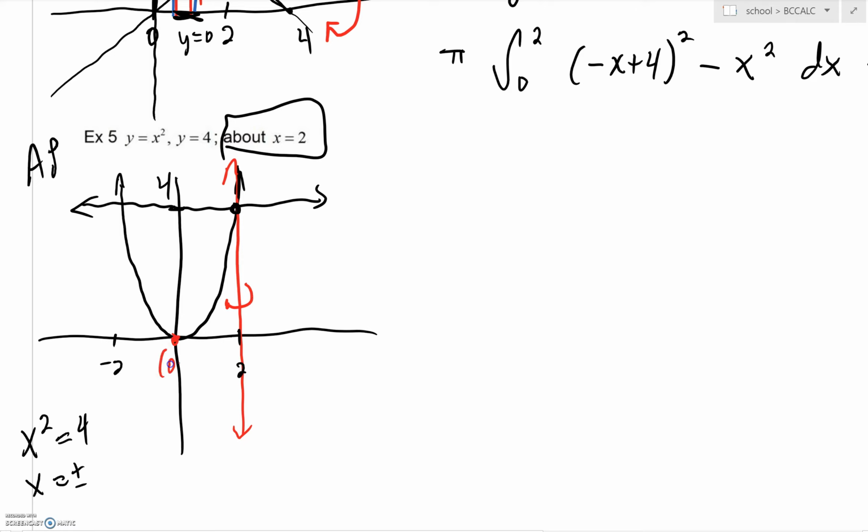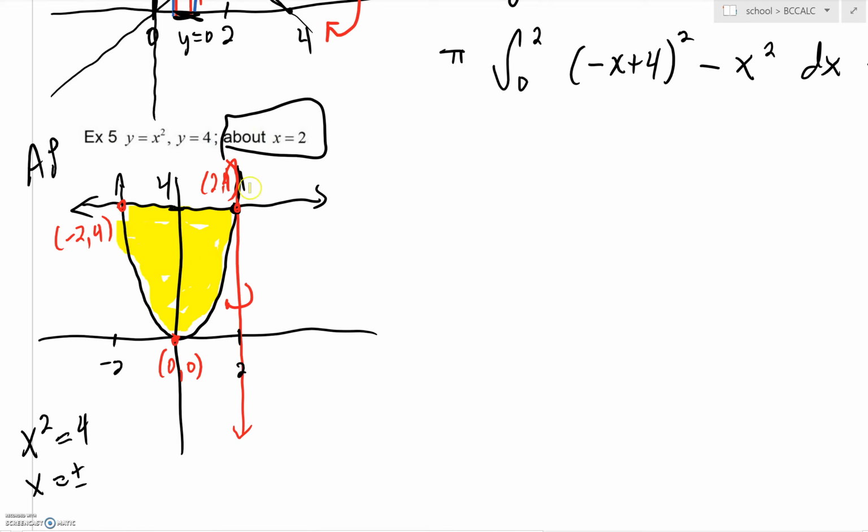This point down here is 0, 0. This point over here is negative 2, 4. This point up here is 2, 4. And let's shade in what we've got right here. Here's this region.